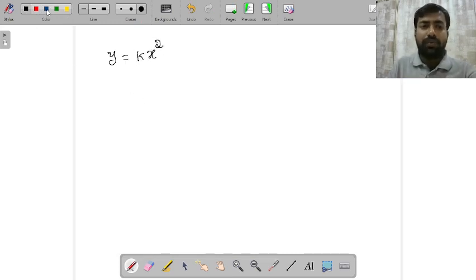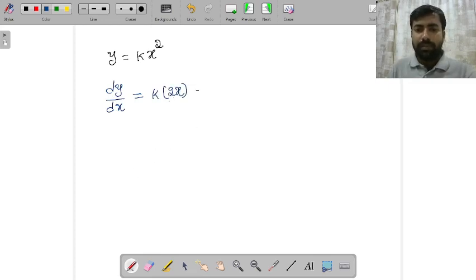Let me start with y equal to kx square. Now my aim is to find a differential equation which is satisfied by this entire family. Now to find that, you differentiate this once, so dy by dx, which gives k into 2x. Okay, so from this we can find what is k, and of course from the first equation also you can.